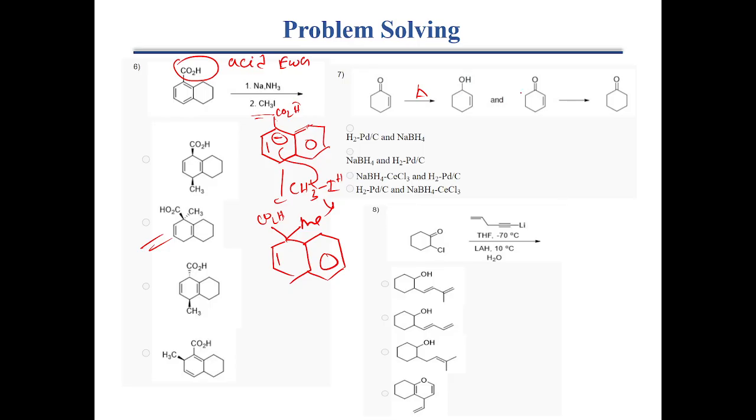Now the next, 7. I'm writing A and B. In case of A, the ketone is reduced, ketone reduced to alcohol. In case of the enone, the alpha beta unsaturated, enone goes to saturated ketone.